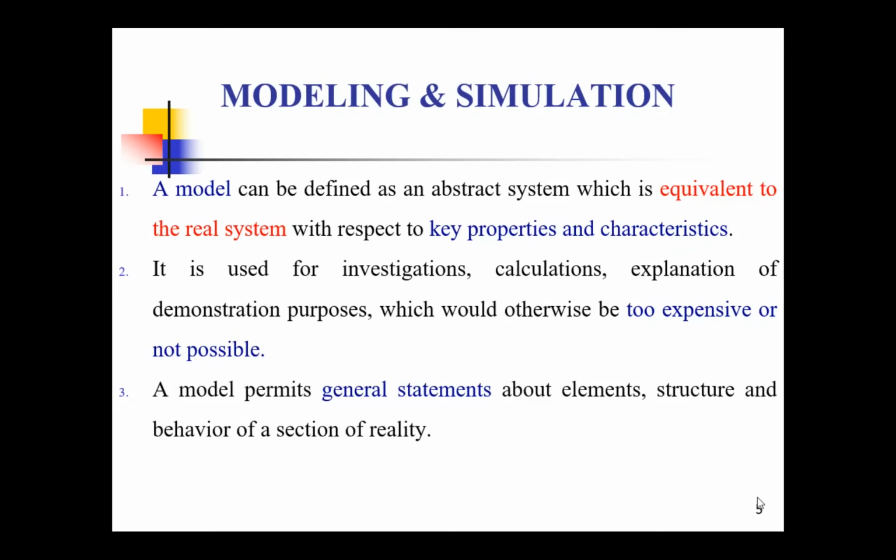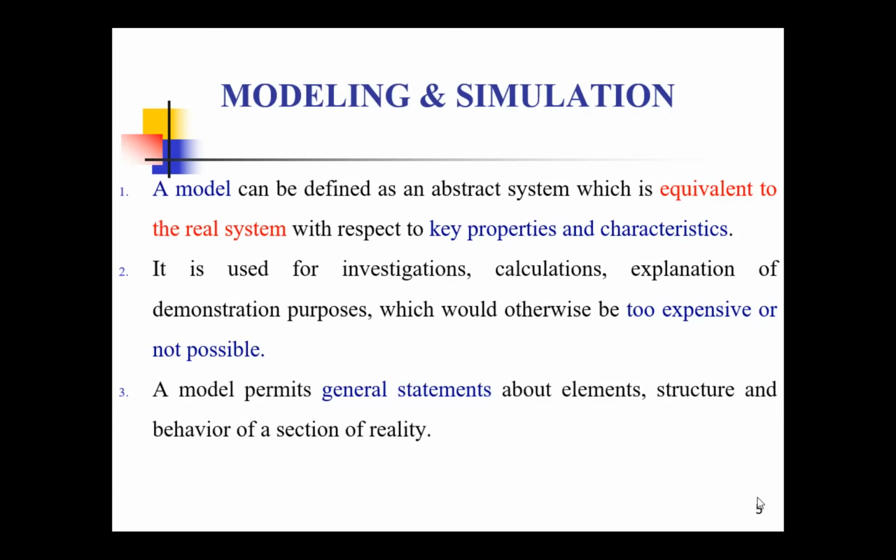So what does a model actually consist of? It consists of some general statements about the element type. Everybody knows that in finite element there are different element shapes. What are the different elements that it has? The structure of those elements and how they behave as a section of the reality.